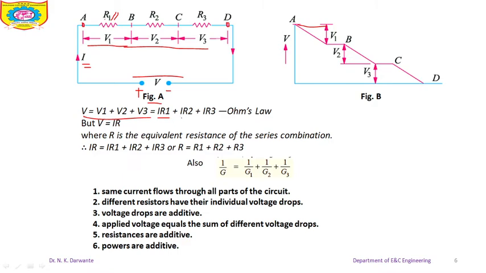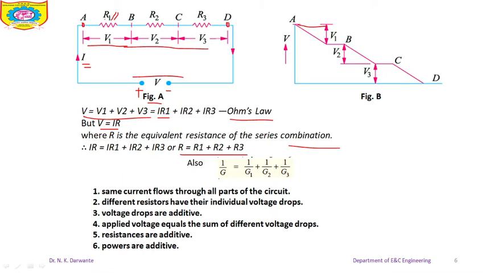Similarly, V2 is equal to IR2, and V3 is equal to IR3, and this is nothing but Ohm's law, that is V is equal to IR, where R is the equivalent resistance of the series combination, R1 plus R2 plus R3, the resultant value of resistance, that is capital R.